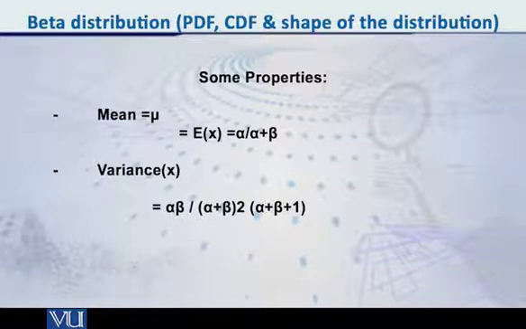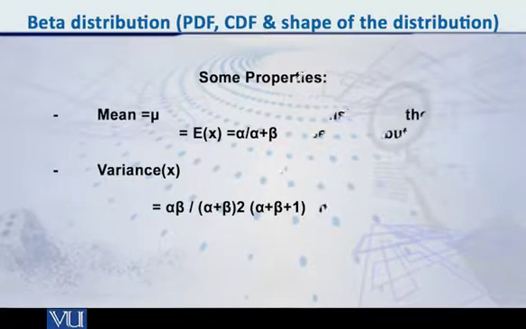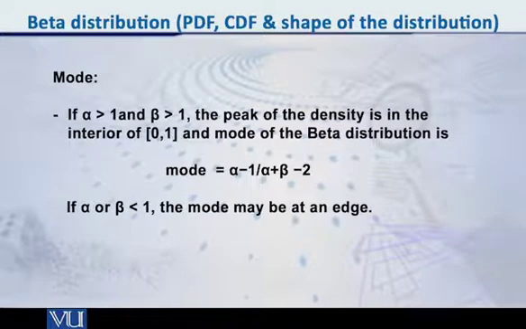The mean of the beta distribution having parameters alpha and beta, my dear students, is given by alpha over alpha plus beta. The variance of the distribution is given by alpha beta over alpha plus beta whole square into alpha plus beta plus 1. The mode of the distribution can also be discussed.